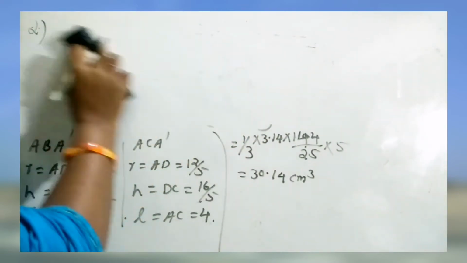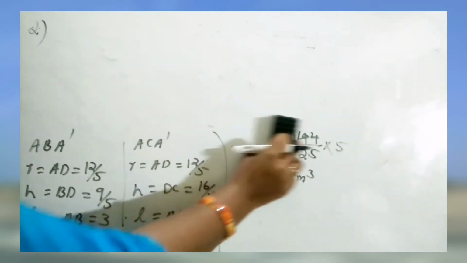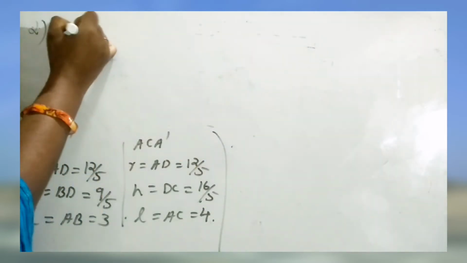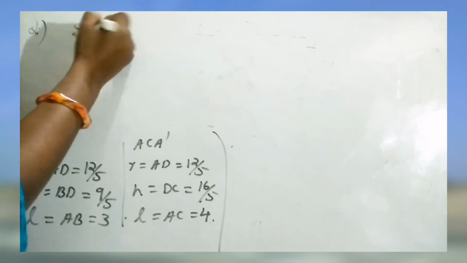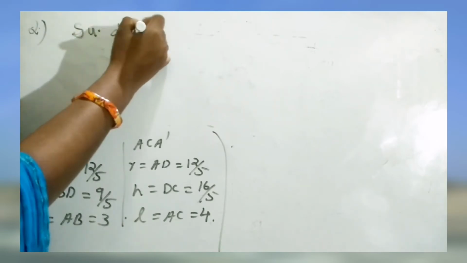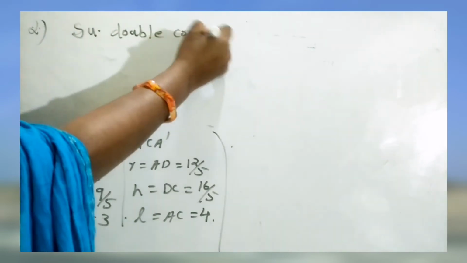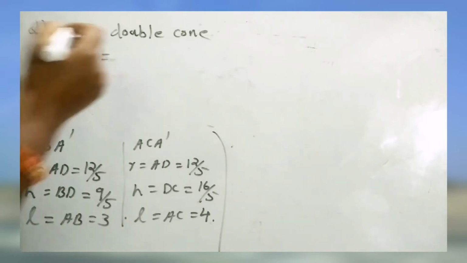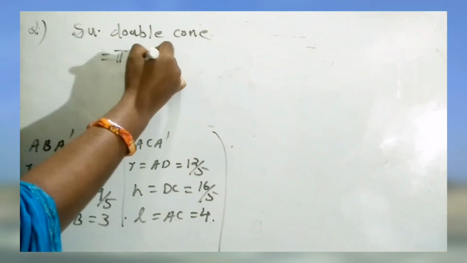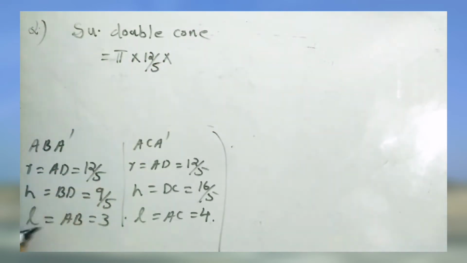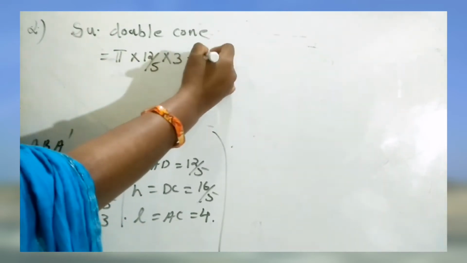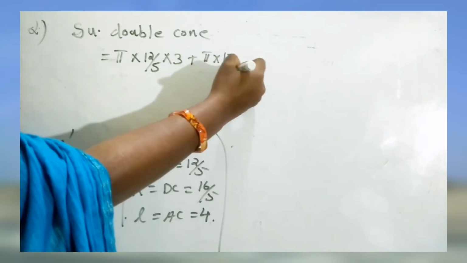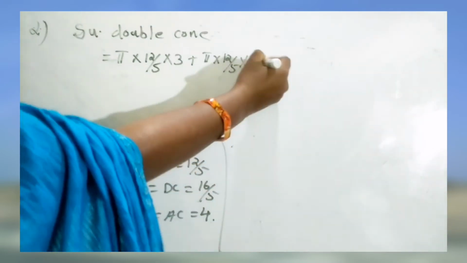Now we are going to find out the surface area. The surface area of the double cone is the surface area of AB A dash plus the surface area of AC A dash, and the surface area is pi R L. So pi into R, 12 by 5, into L of the first one, 3, plus pi into 12 by 5 into L of the second one, 4.